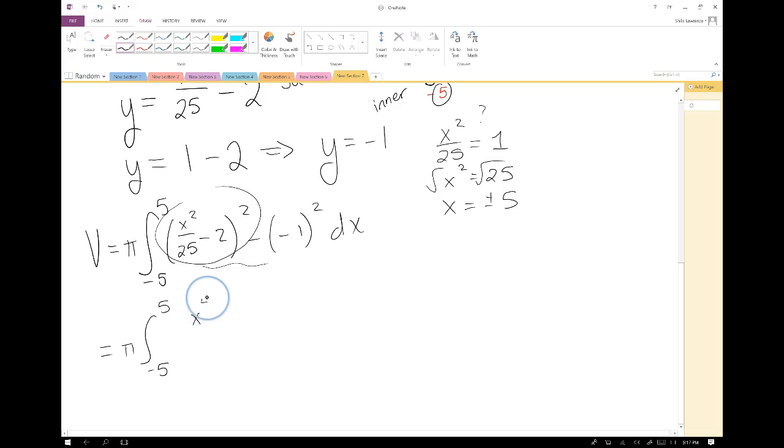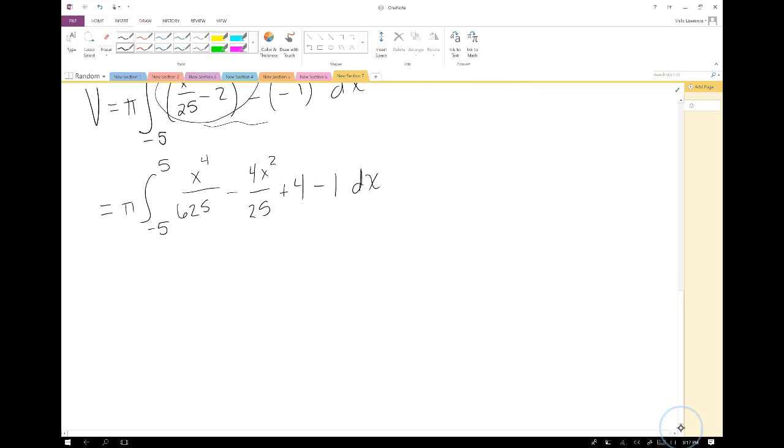So we get x to the 4th over 625 minus 4x squared over 25 plus 4. And then negative 1 squared is positive 1, and we're subtracting that. Once that's expanded, you can now combine those two and then just use your power rule.